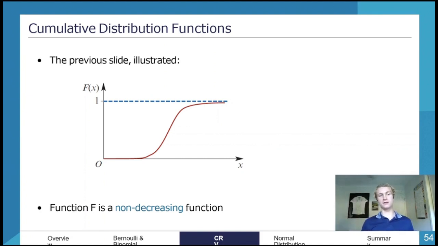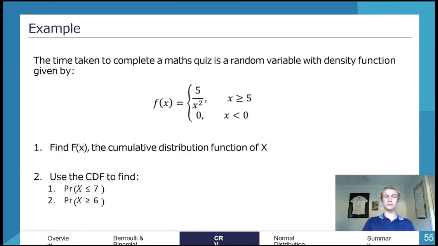It's limited between the bounds of 0 and 1 because its maximum probability can only be 1. And because it's cumulative, we're taking into account the integral, so it is going to get up to 1, as opposed to a probability density function, which only gets up to whatever the highest point is. So function F is a non-decreasing function.